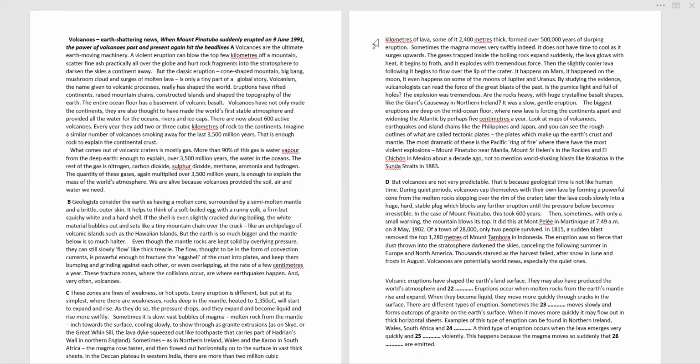Ma'am, I found, I think 22 is granite. Which one? 22, the first one. No, it is not earthquake. Granite. No, it is ocean. I mean, oceans or water, or maybe the oceans. 23, I wrote magma.